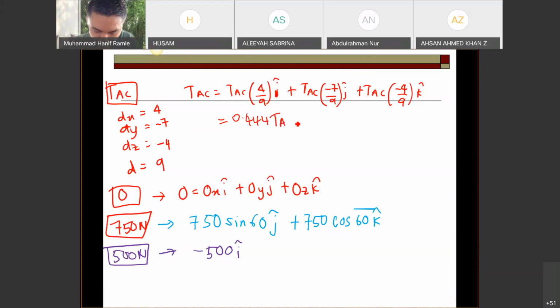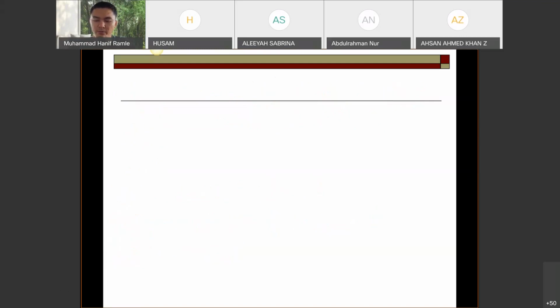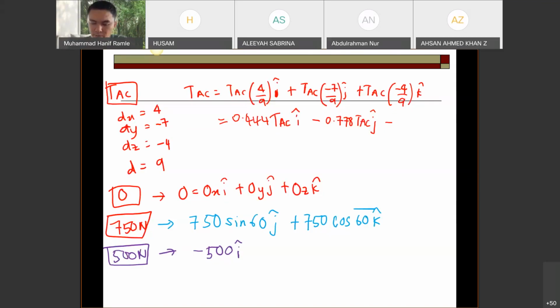TAC and I. How about this one, 7/9? 0.777. 7/8, yes, TAC. And the last one, 4/9, same as the X component, 0.444, TAC.